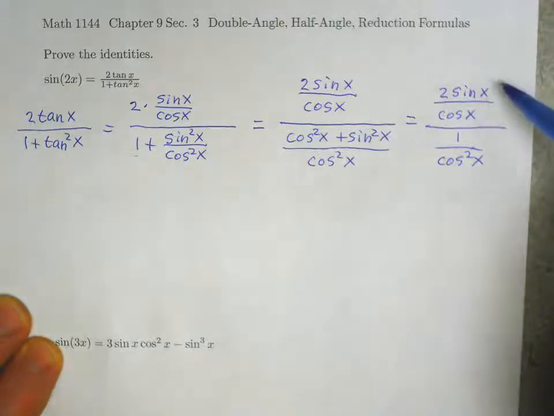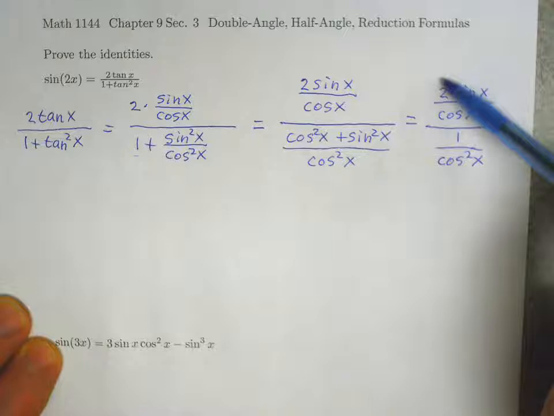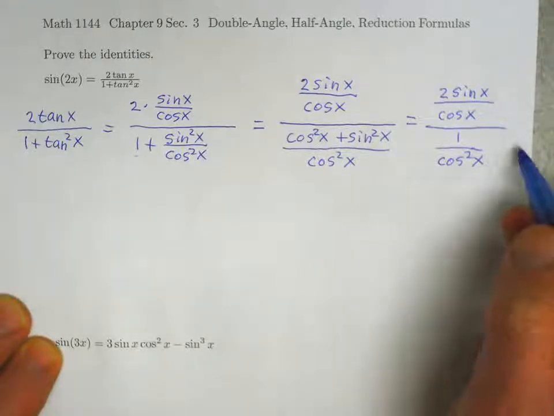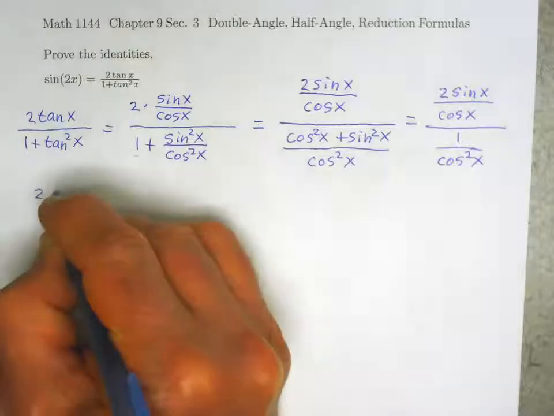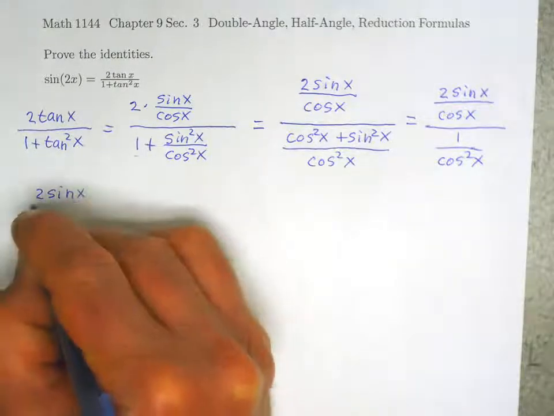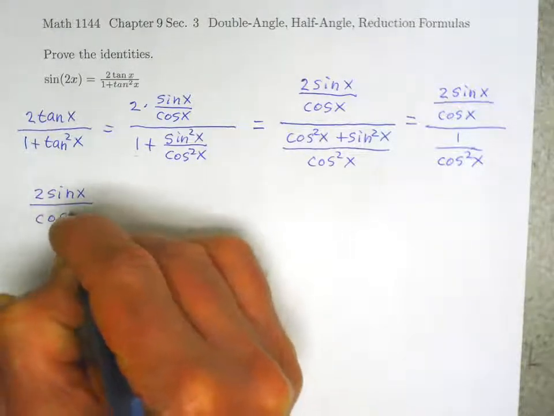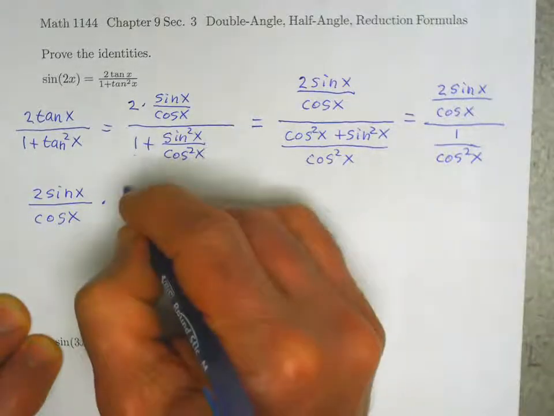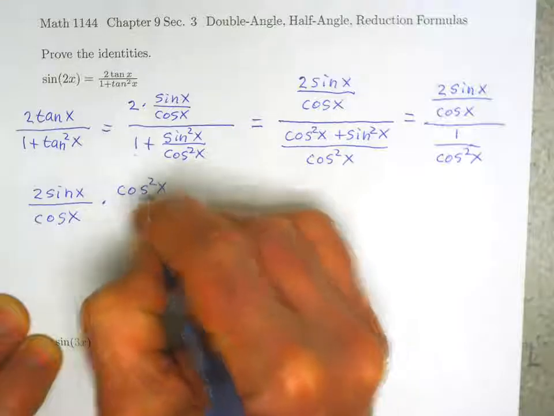It's equivalent to multiply the fraction on top by the reciprocal of the fraction on the bottom. So this is equal to 2 times sine of x over cosine of x multiplied by the reciprocal of 1 over cosine of x squared. So that's cosine of x squared over 1.